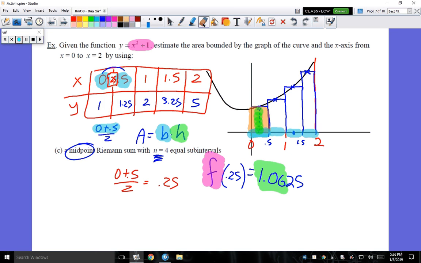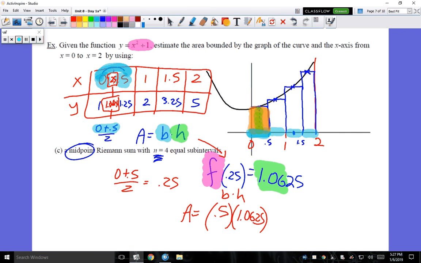The y value that 0.25 spits out, because I put it back into the original equation, would be 1.0625. So the area of this first rectangle has a base of 0.5, that's this jump, not 0.25, but a jump of 0.5, and the base times height, where the height is 1.0625.